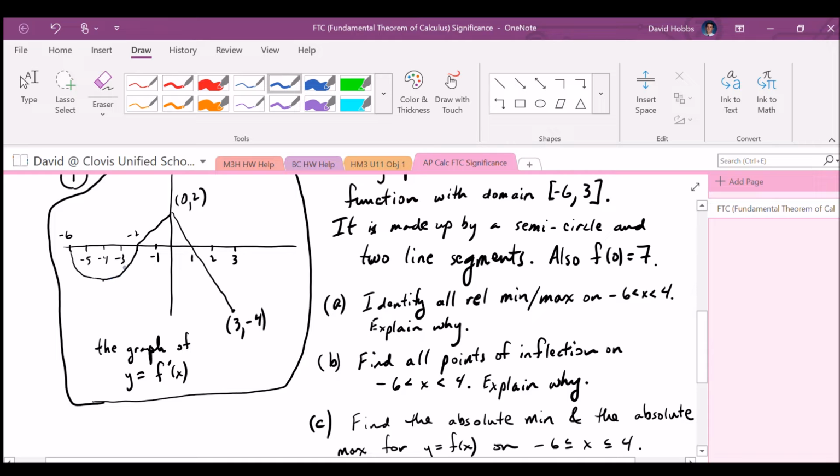And then you've got positive slopes until x equals -2, and then you still have positive slopes until x equals 0. I know there's a little place where it's not a smooth curve right there, so the second derivative would not exist at -2, but it's still positive slope all the way till x equals 0, and then from x equals 0 to x equals 3, it's all negative slope.